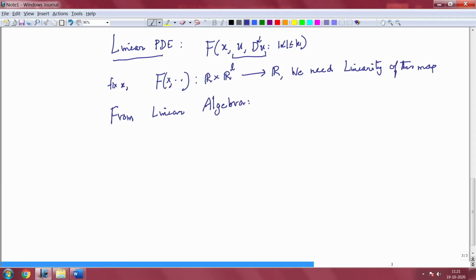Whenever you have a linear map on Rn, that can be identified as a dot product basically. When you have linearity, for each x that vector will change, that is all, because every element can be identified with an element from Rn.